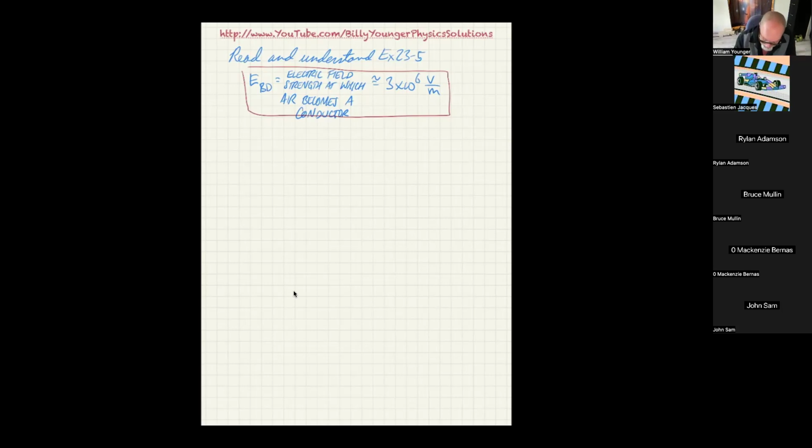Now, what we see from this is that the electric field is equal to Q over 4 pi epsilon naught R squared, whereas the voltage from that same charge Q is equal to Q over 4 pi epsilon naught R. So from that, you can realize that the voltage at breakdown, VBD, is equal to R times the electric field at breakdown.